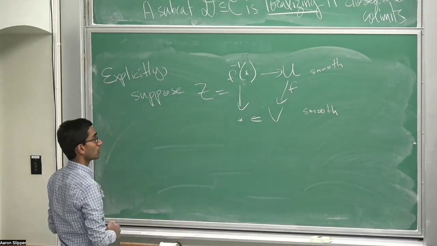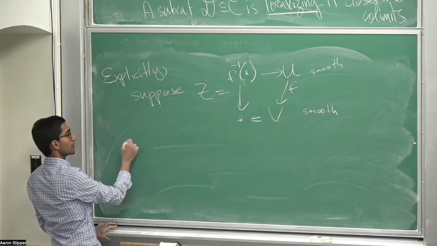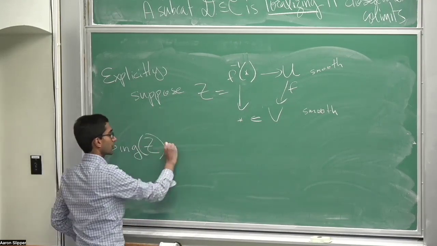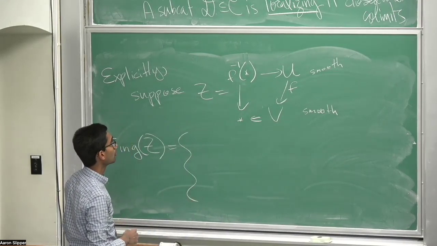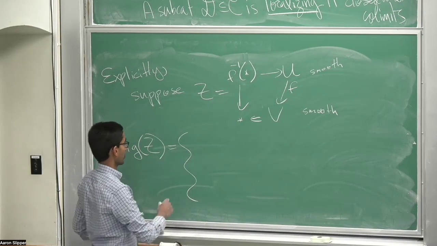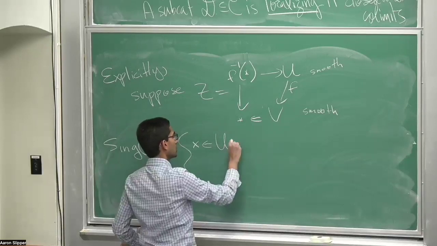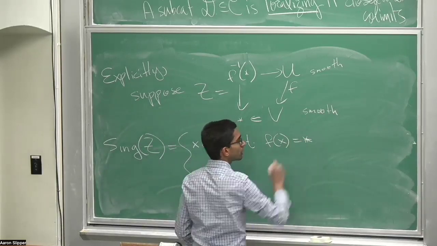Right, so explicitly, in this case Z is going to consist of, first of all, a point x in U such that F of x is a point.